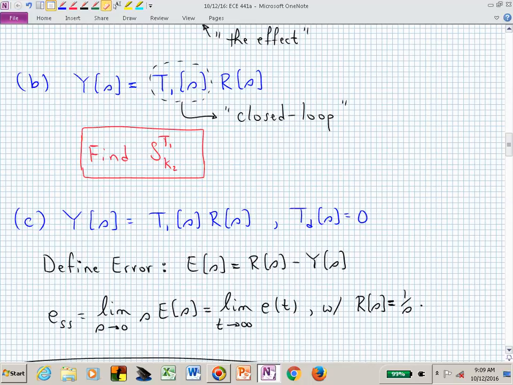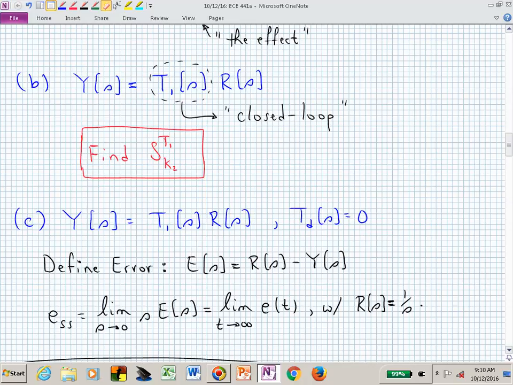Compute your error as the difference between the reference and the output, and then if you want to look at what happens in the steady state, this is why you learned your final value theorem. You can apply the final value theorem and examine this expression, capital E of S, the limit of that times S as S goes to 0. And that will produce your steady state error.